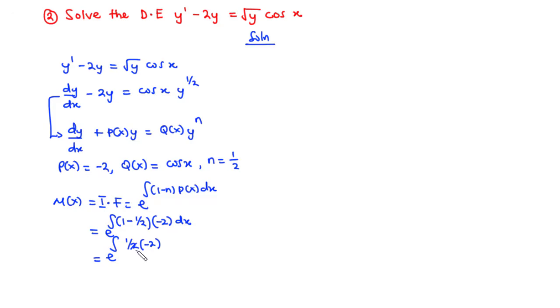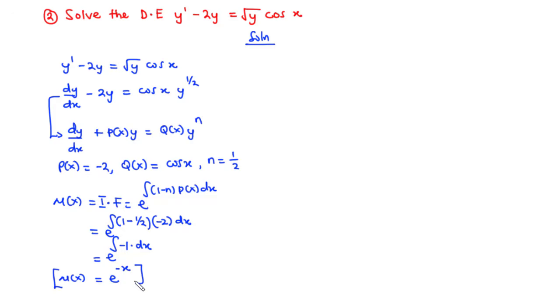So 2 goes here once, 2 goes here once, we are left with negative 1. So that becomes negative 1 dx. Now if you integrate negative 1 with respect to x, you have negative x. Therefore we have this to be e to the power negative x. So that is the integrating factor.